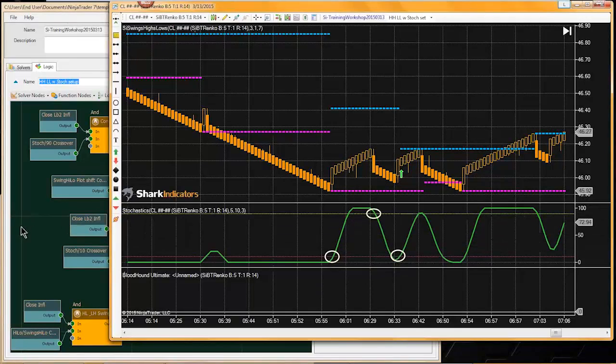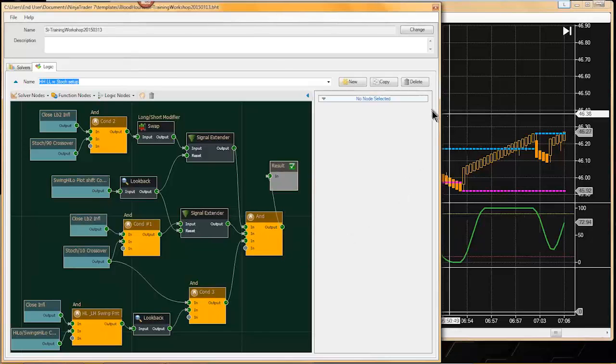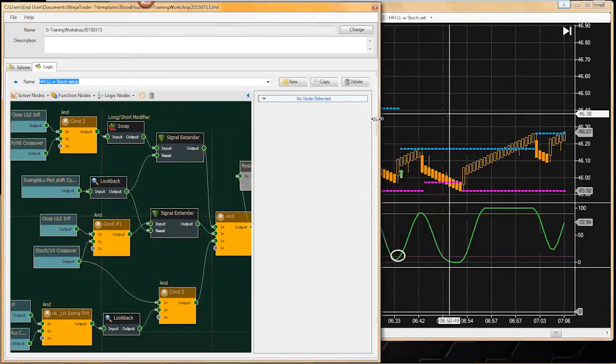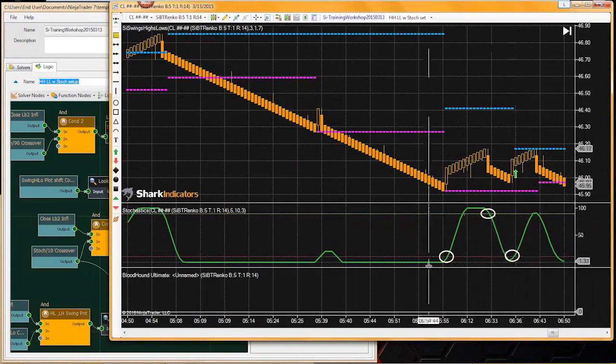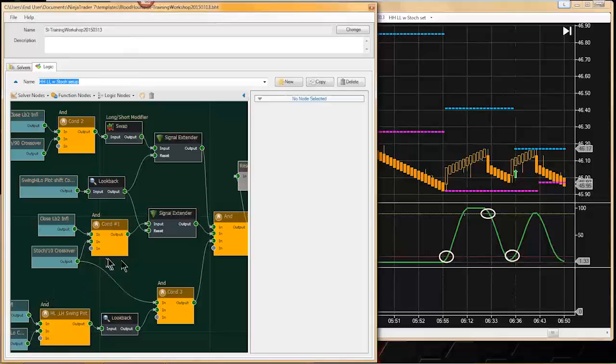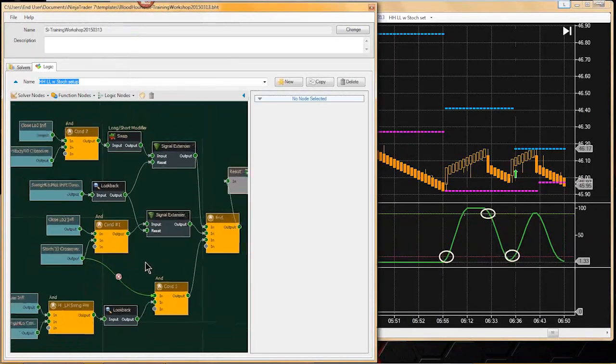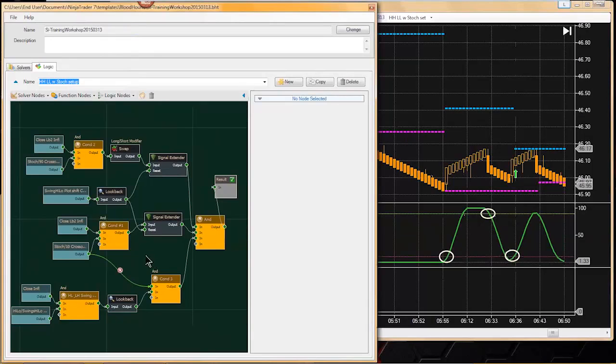All right, so I'm going to take a look through the logic and find out why we didn't get a signal here. So we'll debug this for a moment and see what's going on.